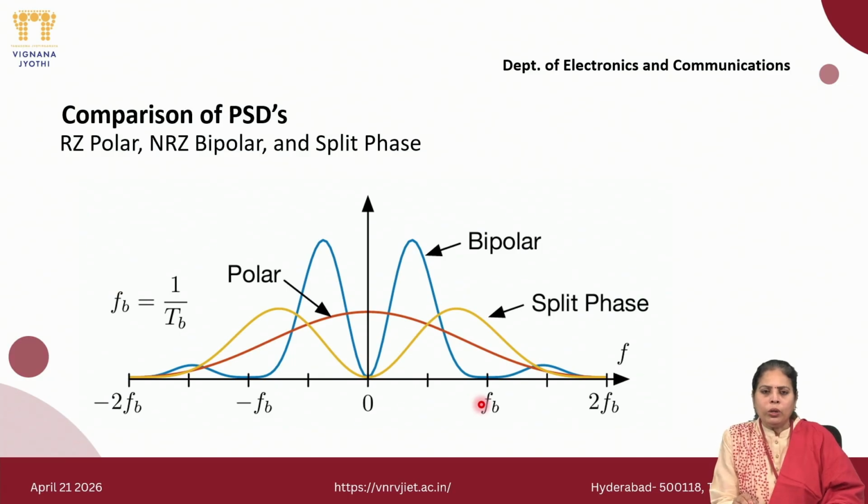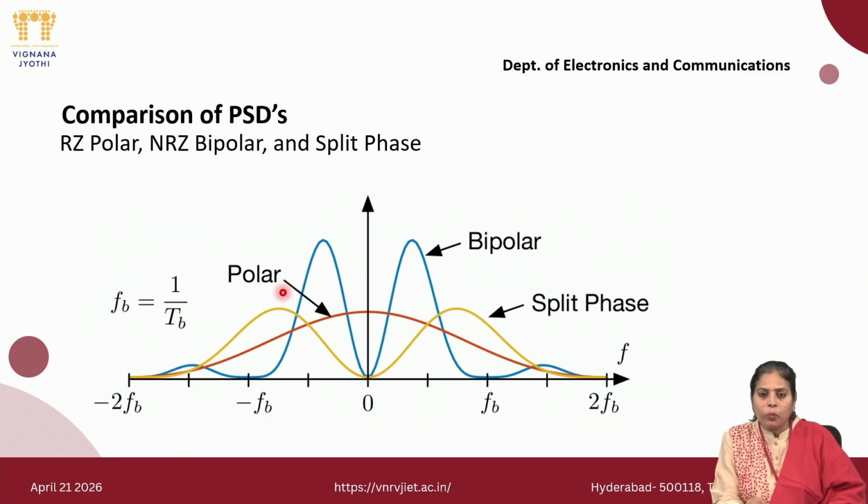Now, coming to our conclusion, by looking at different line code formats, because we are interested in computing the bandwidth for them, we could see that for the bipolar form, the bandwidth requirement goes up to FB, and the value is 0 at f equal to 0, indicating no presence of DC component.